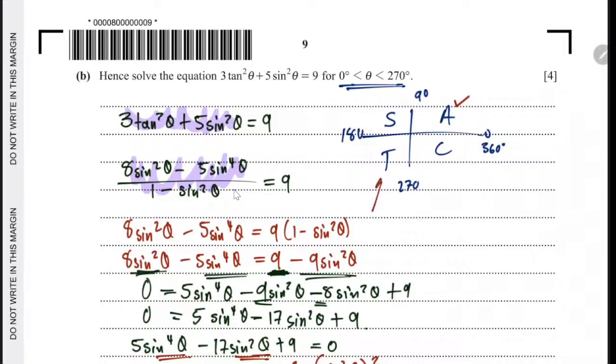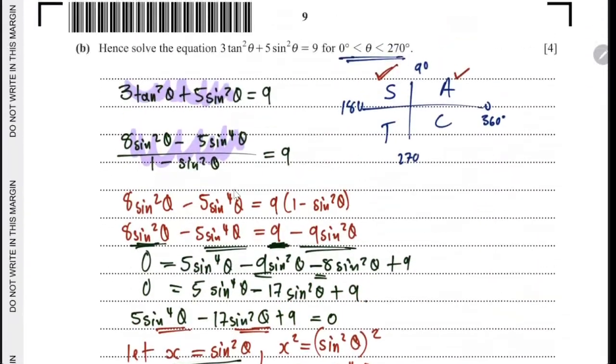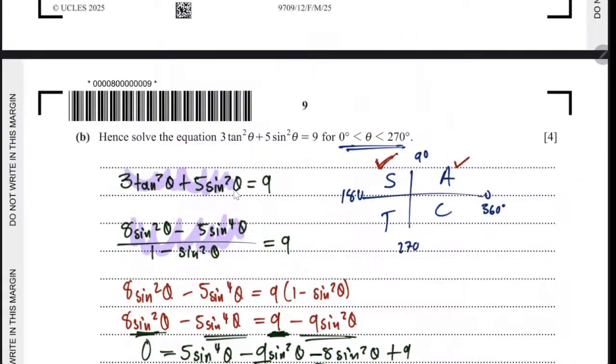Can sine be positive at T? No, it can't be positive at T. Only tan is positive at T. Okay? Can sine be positive at S? Yes, because sine is positive here. We'll take this because according to what we had, sine theta is positive root 0.656. That was the answer we took, right? So now it should be positive. And also at A, all of them are positive. So we also take here.